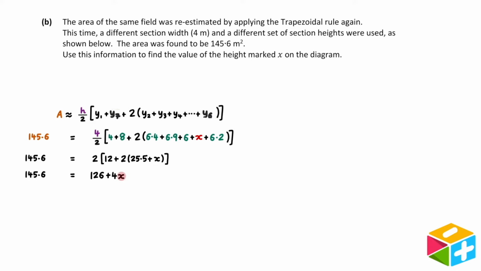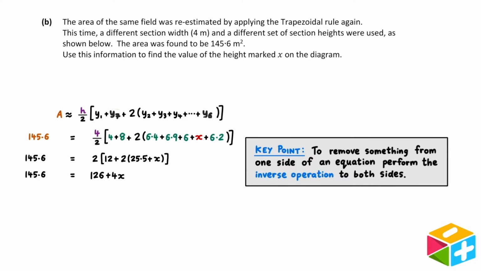Now that we've cleaned up the right hand side, it makes it a lot easier to solve for x. To do this, we need to isolate the x term by removing everything else from the right hand side of the equation. The key point here is the following. To remove something from one side of the equation, we must perform the inverse operation to both sides.